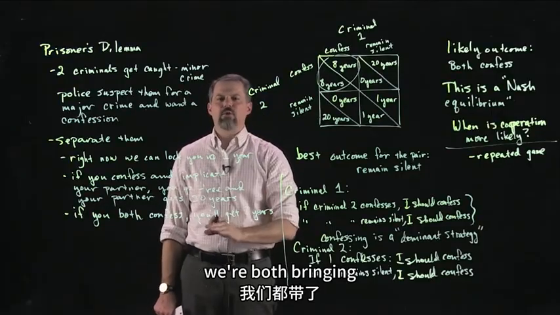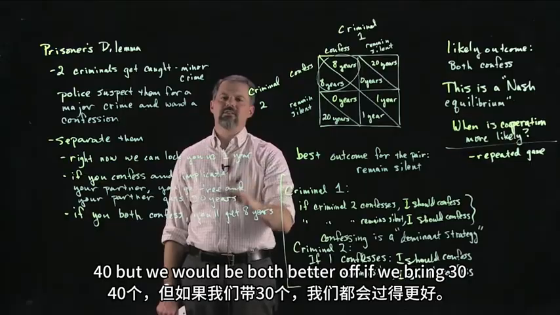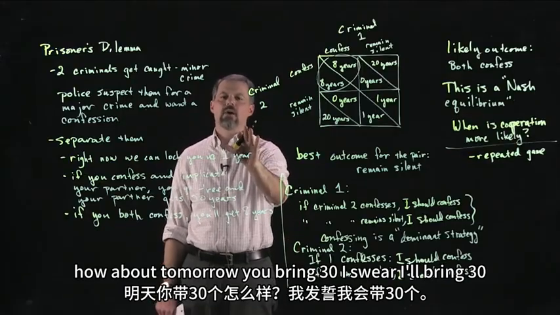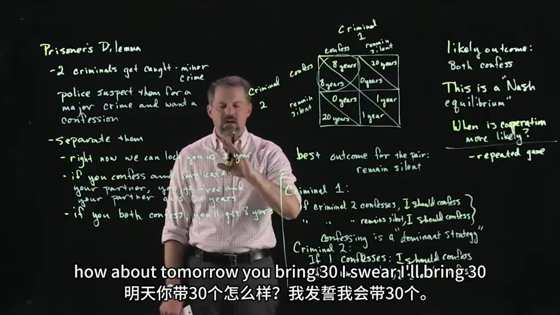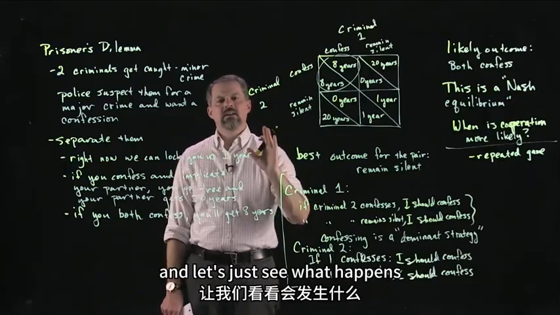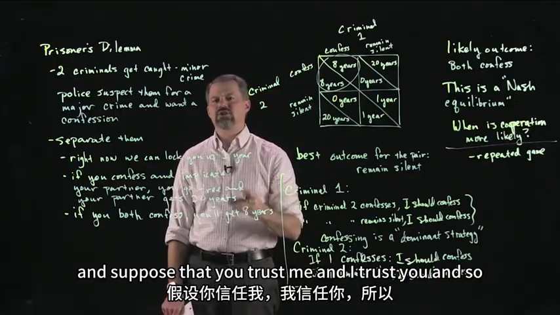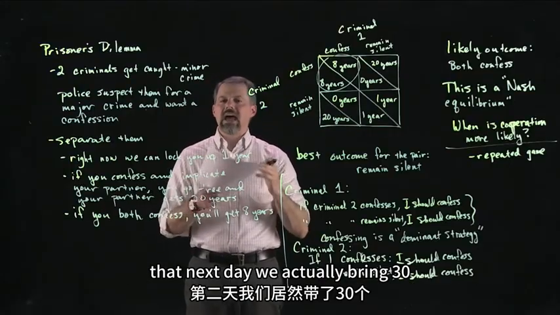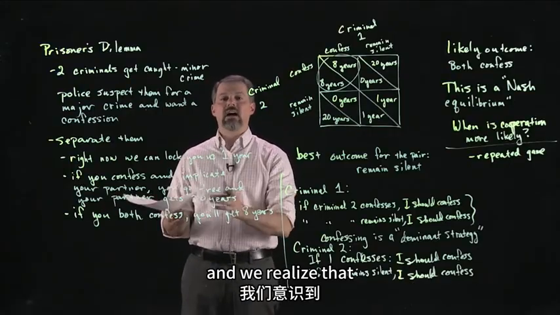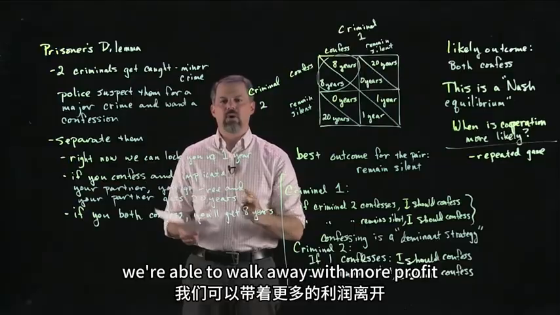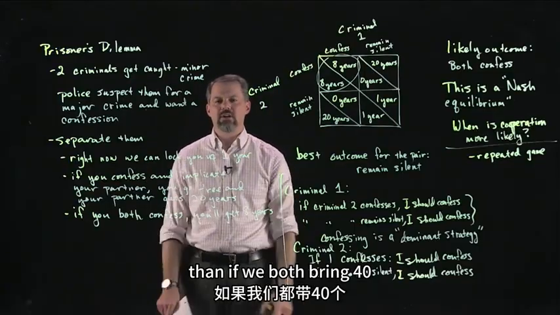We're both bringing 40, but we would both be better off if we bring 30. How about tomorrow? You bring 30, I swear I'll bring 30, and let's just see what happens. And suppose that you trust me and I trust you, and so that next day we actually bring 30 and we realize that we're able to walk away with more profit than if we both bring 40.